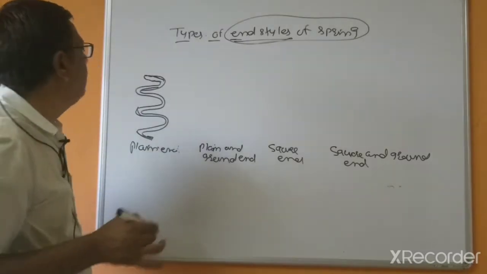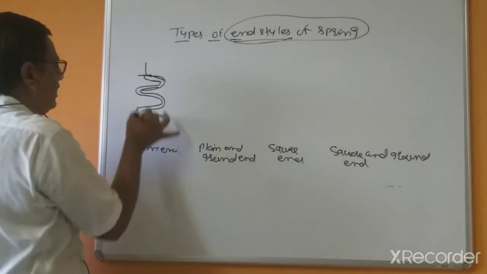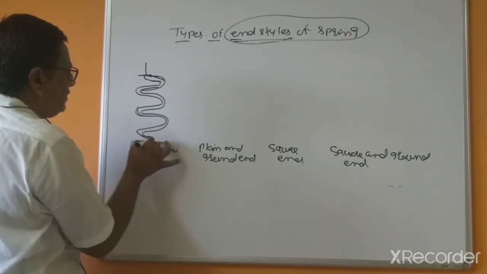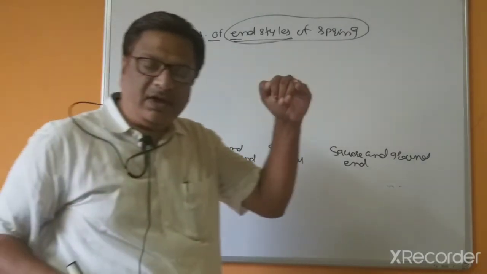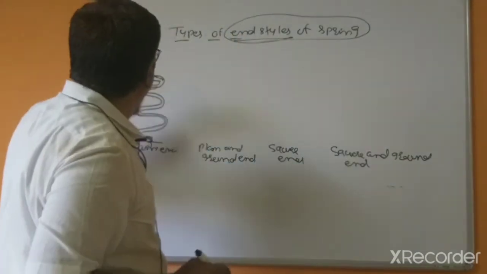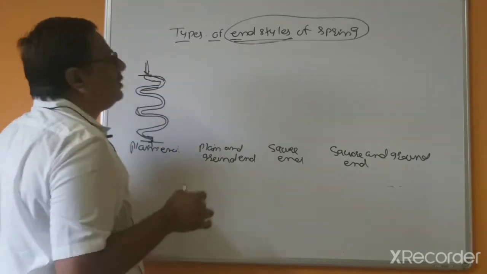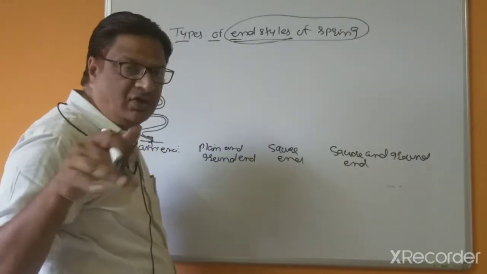This end tells us there is only a point contact, because sufficient contact is not available. This axial force acting is not uniform.